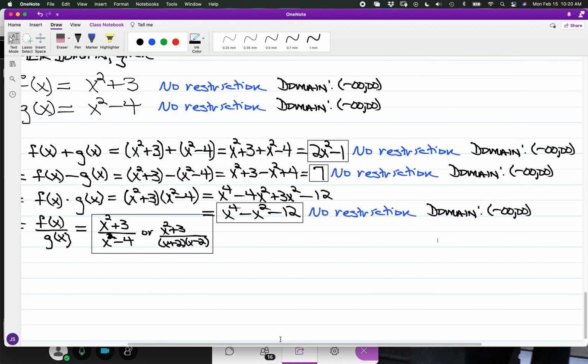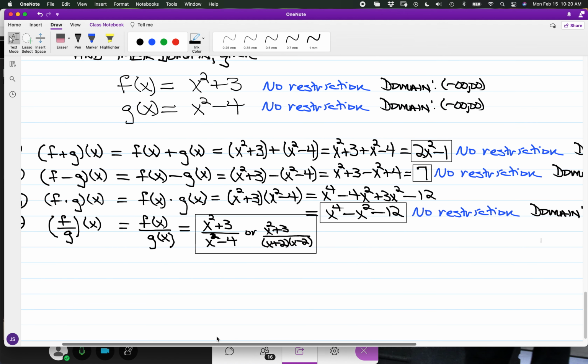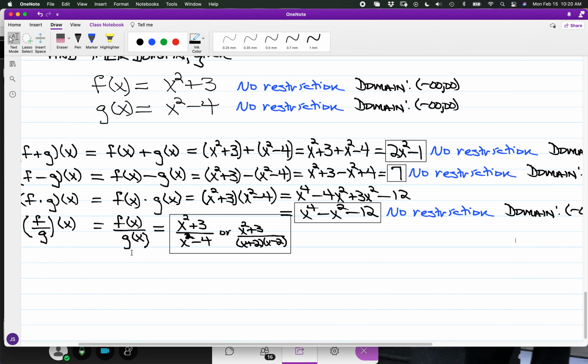Whereas in the case of the quotient function, again, g of x cannot be 0. So x squared minus 4 cannot be 0. You can either apply the square root property of equality, or you can just go ahead and factor.